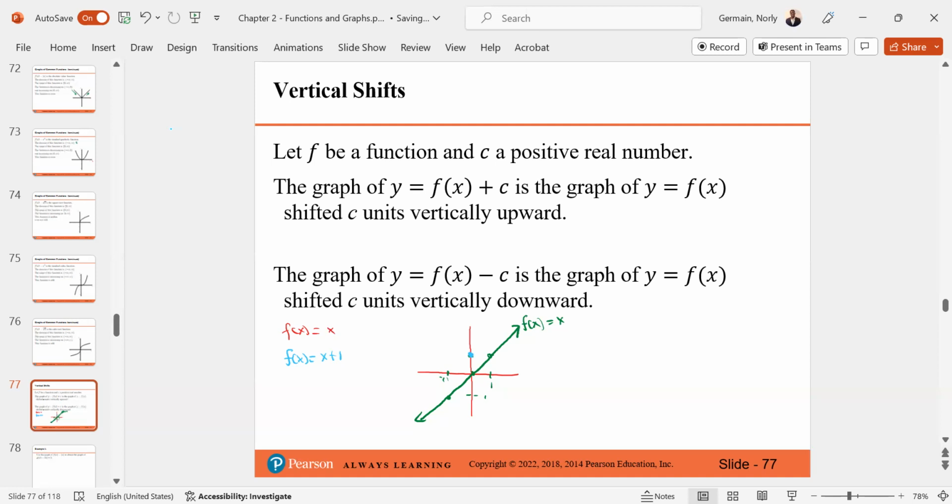If x is 1, y would be 2. If x is -1, y would be 0. See? Exactly the same shape, but we shifted 1 unit vertically, 1 unit up. That's what we're trying to show you.